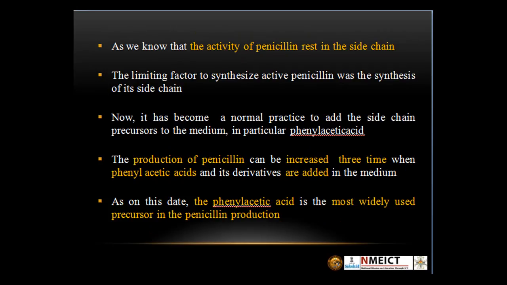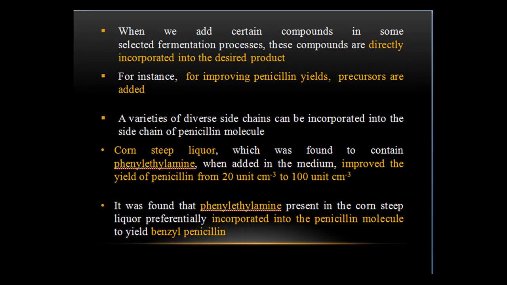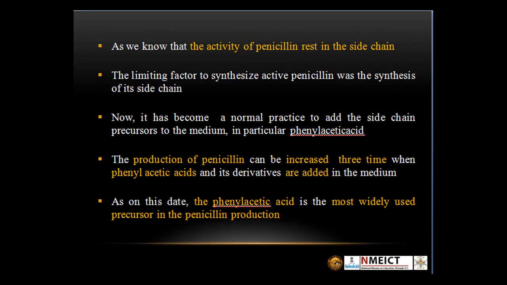It was found that phenylethylamine present in the corn steep liquor was preferentially incorporated in the penicillin molecule to yield benzyl penicillin. As we know, the activity of penicillin rests in the side chain. The limiting factor to synthesize active penicillin was the synthesis of its side chain.